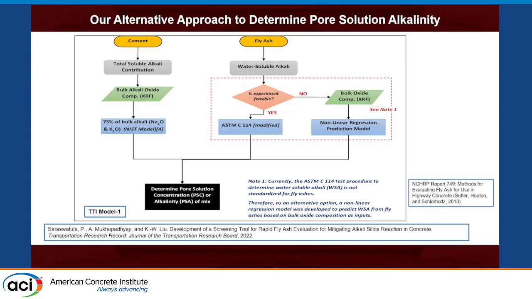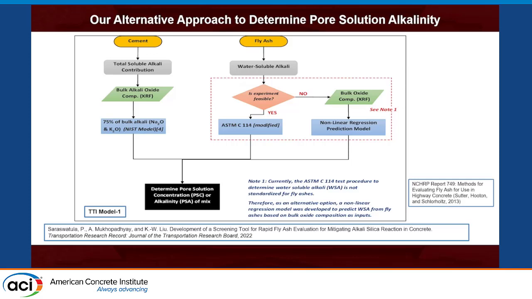So we actually measured it. This is the ACCT report, which uses a modified ASTM C114 to measure the water-soluble alkali from fly ash. Then we combine soluble alkali from cement and soluble alkali from fly ash to give the pore solution as a function of the replacement level.